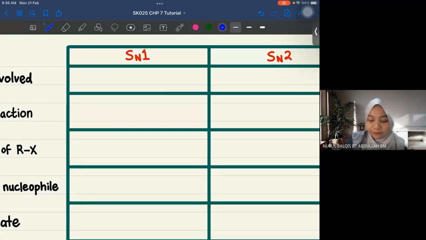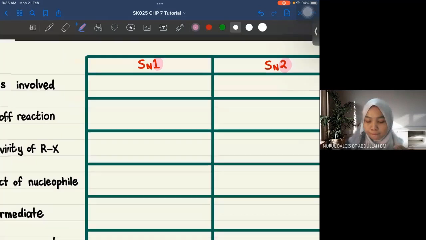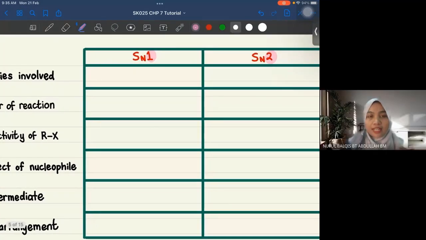Kalau SN1, SN2 nucleophilic substitution. Bila 1 dengan 2 dia bagi tahu awak tentang species yang terlibat kan? Betul. So kalau SN1 dia cakap during the rate determining step hanya satu species yang terlibat masa first step awak nak buat tu. Ini jadi boleh tak bagi tahu saya species apa yang terlibat?